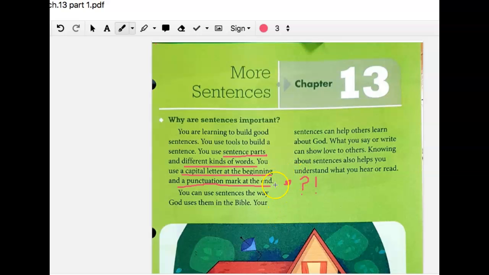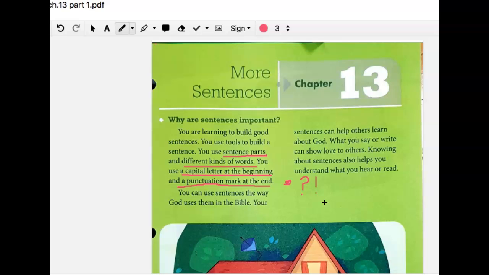We put a period at the end of a statement or a command sentence. We put a question mark at the end of a question sentence, and we put an exclamation point at the end of a sentence that shows strong emotion. So why are these sentences important?